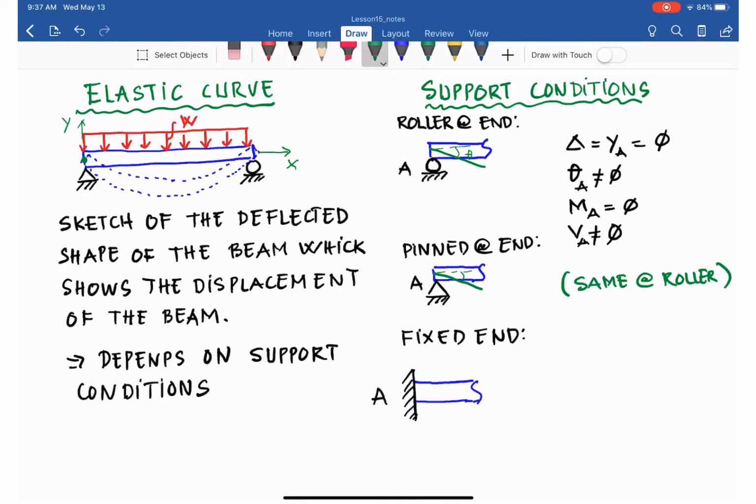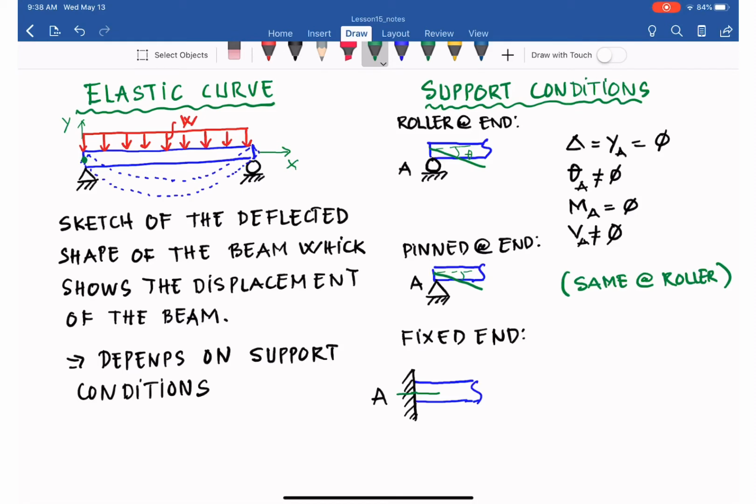As you can see, at fixed, so it's just about A, the angle will be 0. It's not changing at point A, the angle of deflection. Also vertical deflection, because that is fixed.